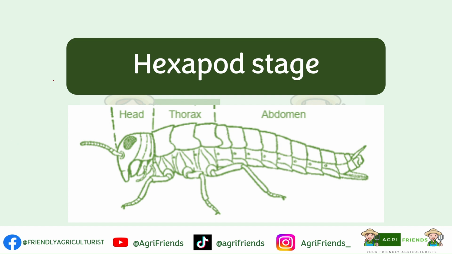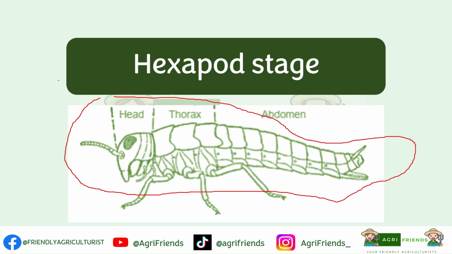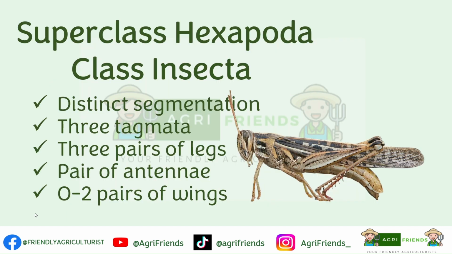Although this figure represents the primitive hexapods. So under the superclass Hexapoda is the class Insecta. And this class is characterized by having distinct segmentation, three tagmata, three pairs of legs, a pair of antennae, and 0 to 2 pairs of wings.